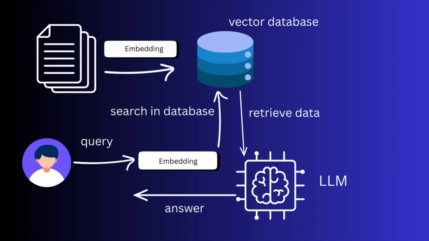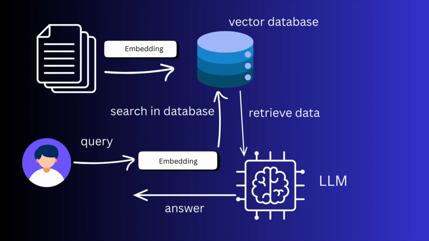This is a high-level diagram of the RAG. In the first step, you can see the document's data is converted to vector embedding and saved in the vector database. For example, if you are building a RAG for medical purposes, you need to convert your medical related data to vector embedding. Mostly you have these details in PDF format, so you need to convert using the embedding model and save in the vector database.